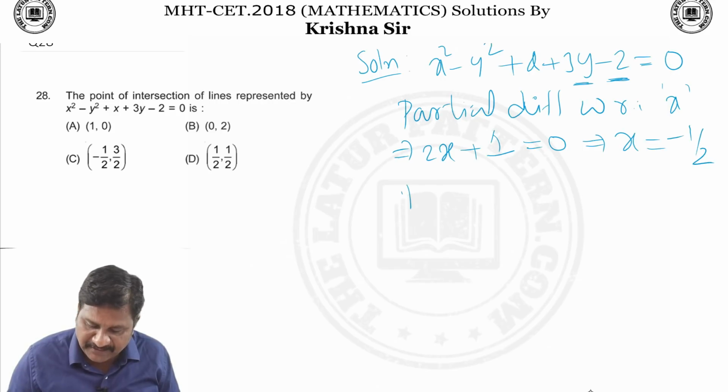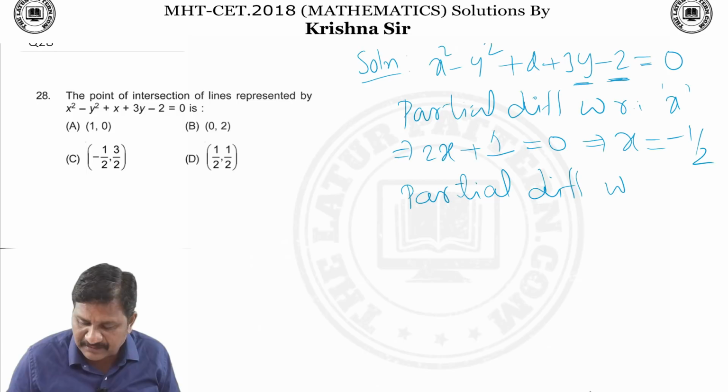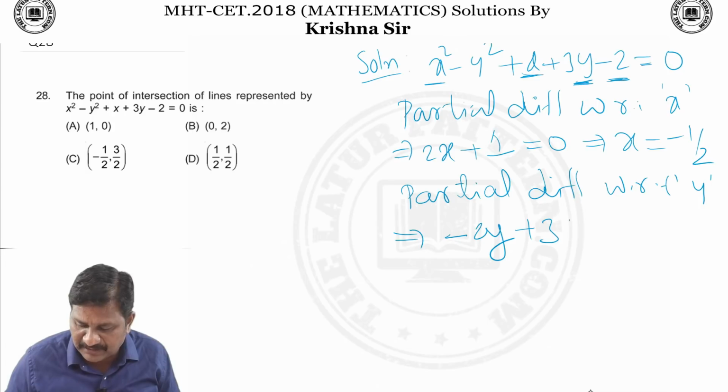Similarly, partial differentiation with respect to y. Now here x we are taking as a constant, so the derivative of x square is 0 and the derivative of y square is minus 2y, the derivative of x is 0, plus 3 into the derivative of y, which is 1, and the derivative of minus 2 constant is 0.